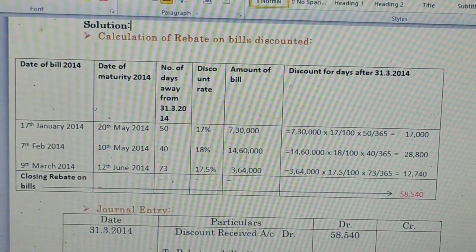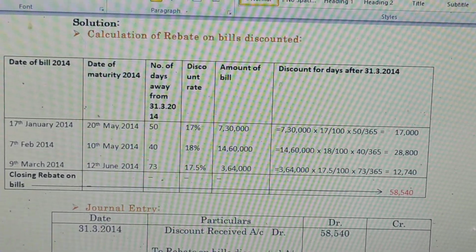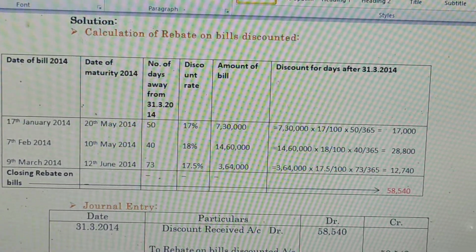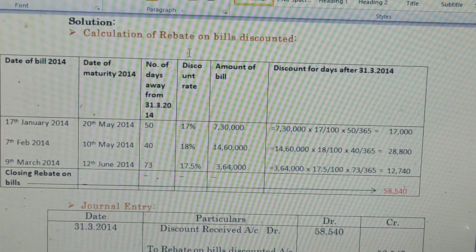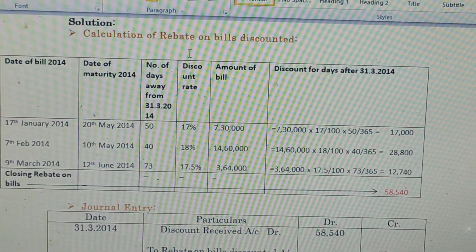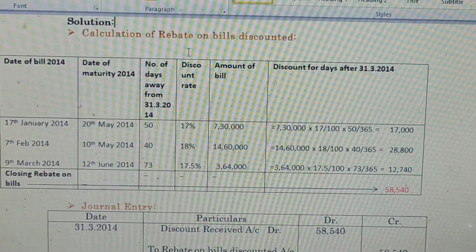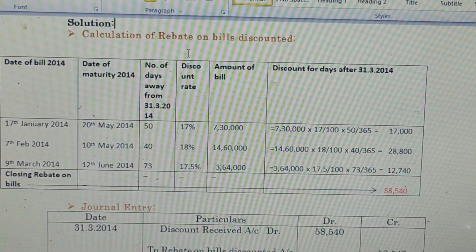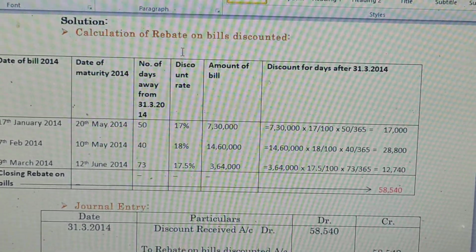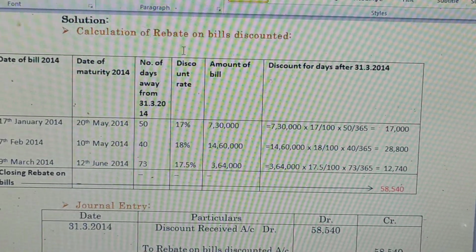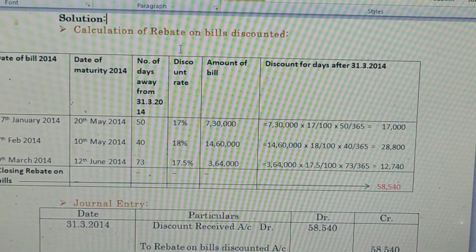We calculate the discount: 7,30,000 multiplied by 17 divided by 100 gives the discount for a year. Then we convert it into 50 days: 7,30,000 multiplied by 17 divided by 100, then multiplied by 50 divided by 365, we get 17,000 as discount for 50 days.